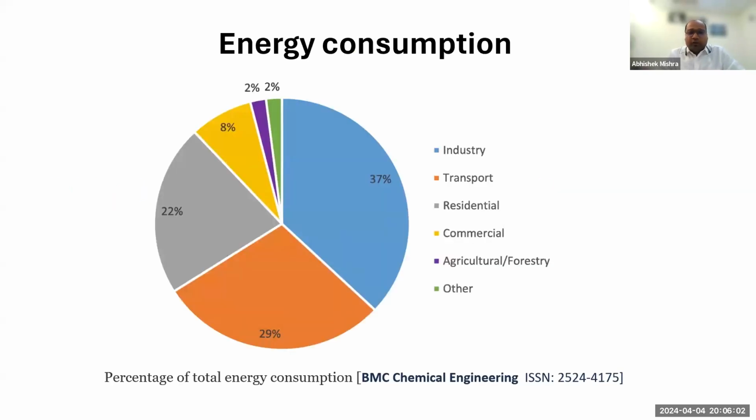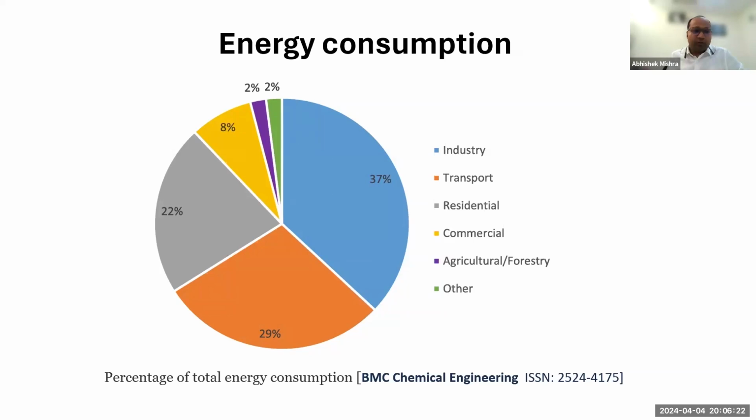So if you look at the energy consumption in different industries, as well as transport, residential, commercial, and any other areas, you will see that industries are the major total energy consumers.